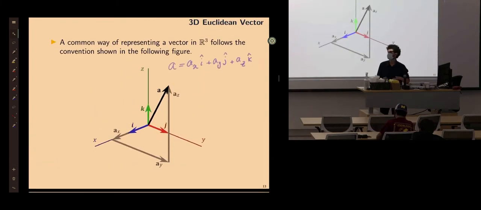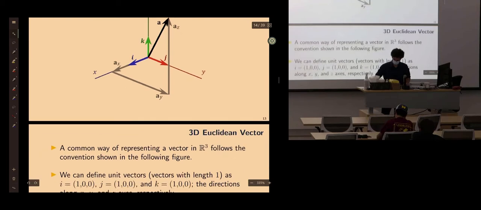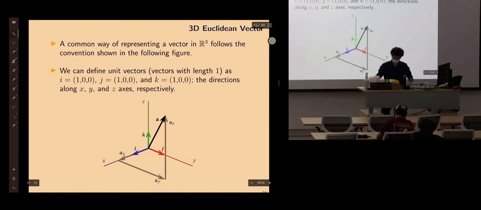Do you have any question on this convention? Okay, so you already know about it, I'm guessing. So the unit vectors are I, 1, 0, 0. J is, this is a mistake, should be 0, 1, 0, and K is 0, 0, 1.